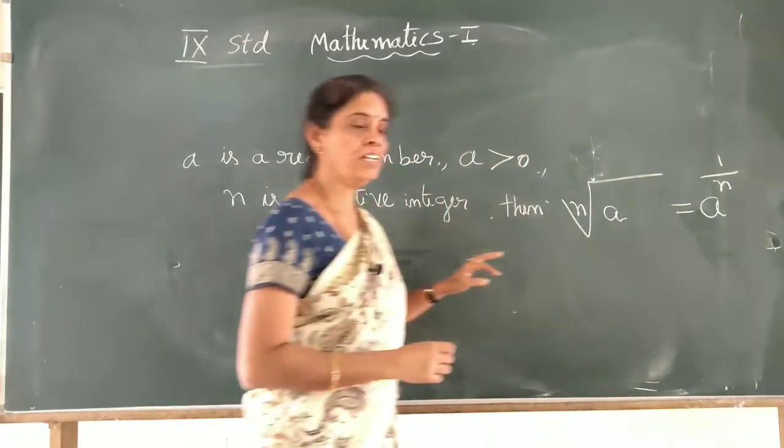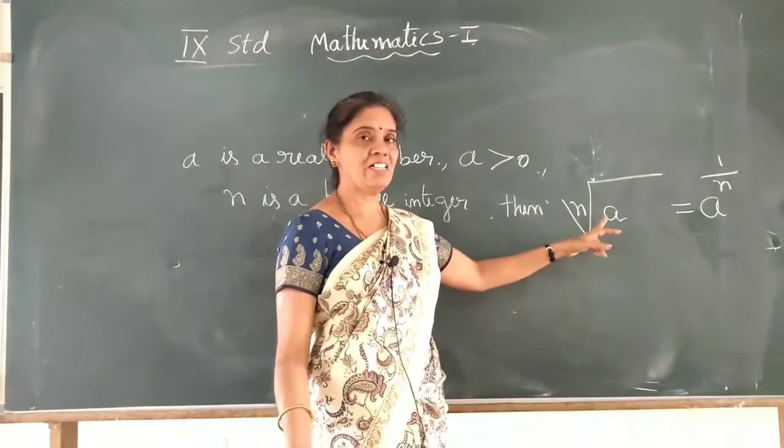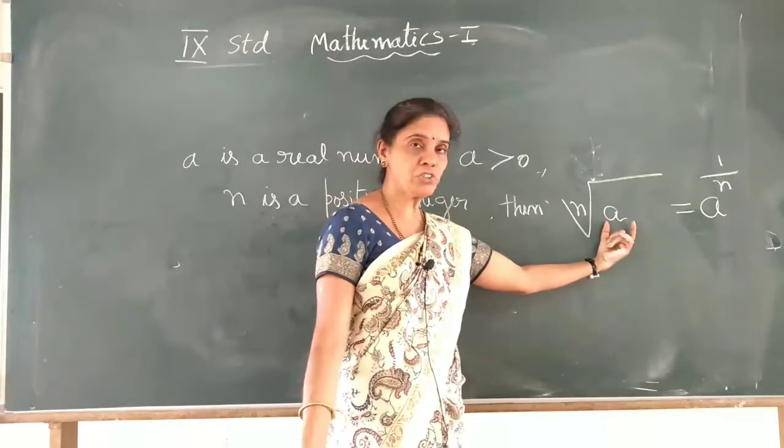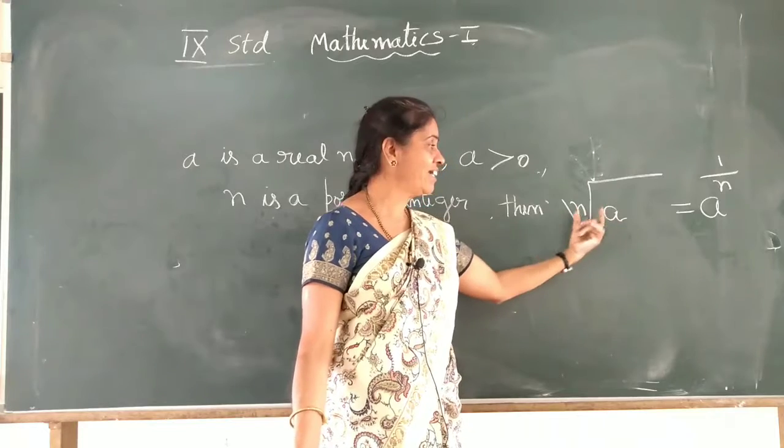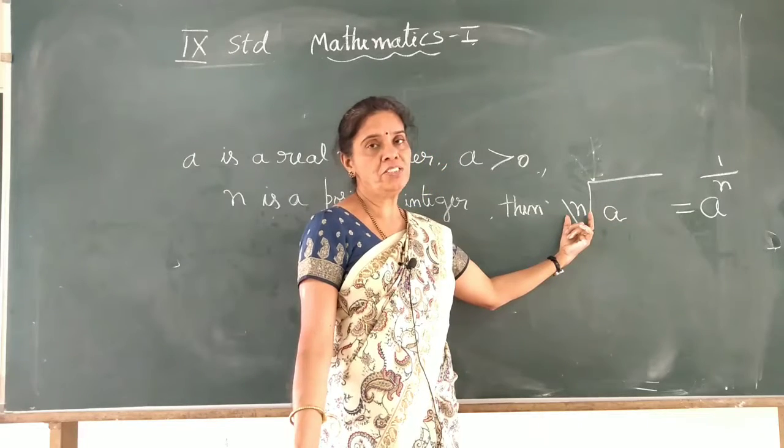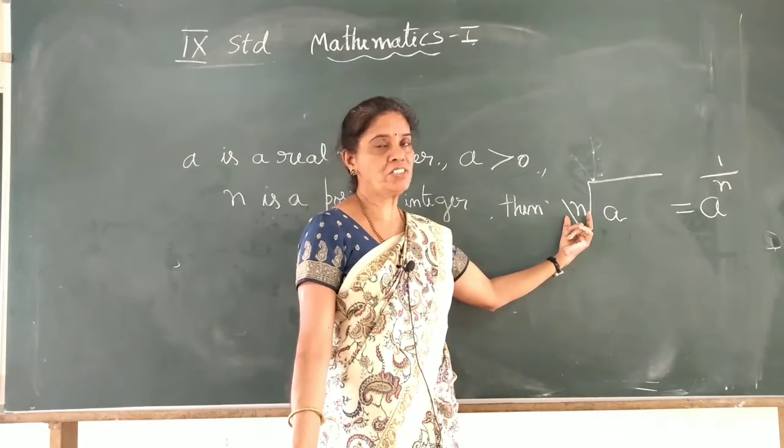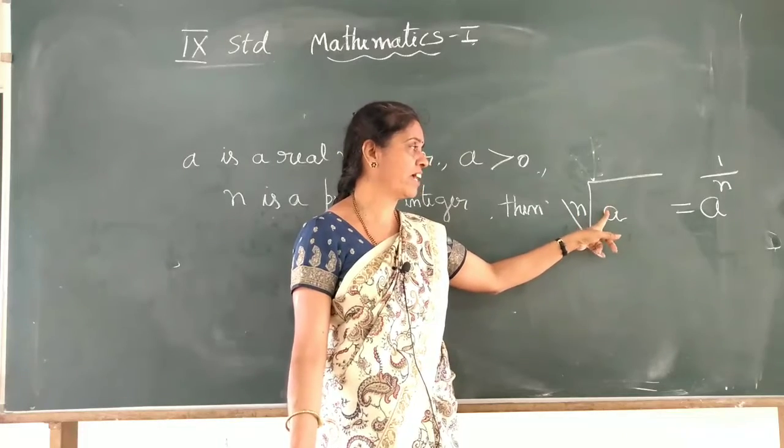That is important. A should be a positive real number, and n should be a positive integer.